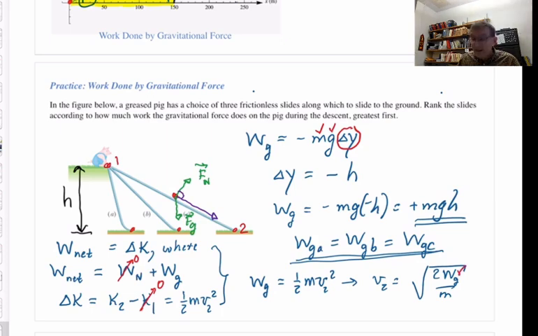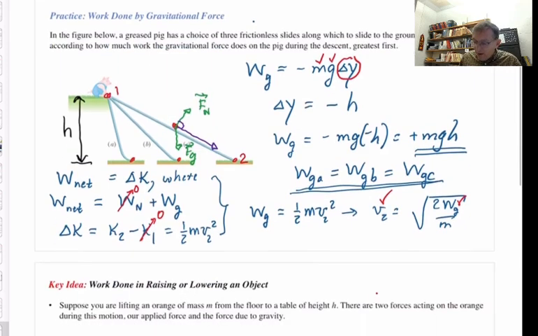So the final speed is the same in all three cases. Doesn't matter whether the pig goes down the long slide, slide C, or the steep slide, slide A. The pig will end up with the same final speed. What will be different in those cases, though, is the amount of time it takes the pig to get down, but we won't worry about that.